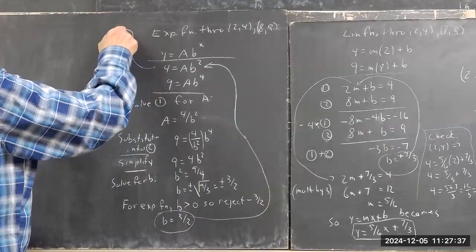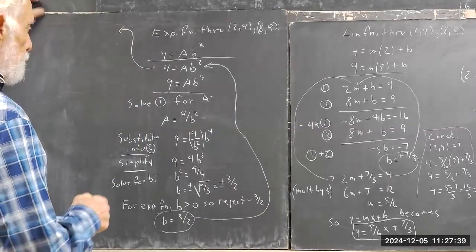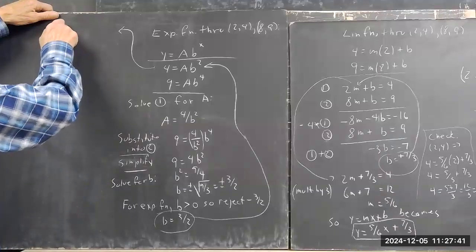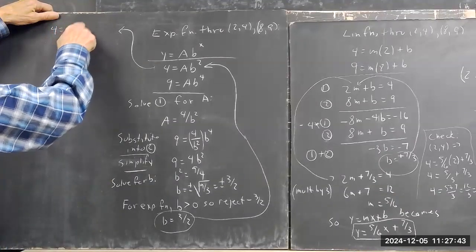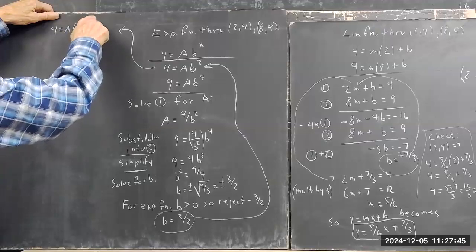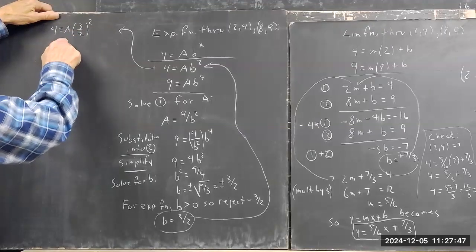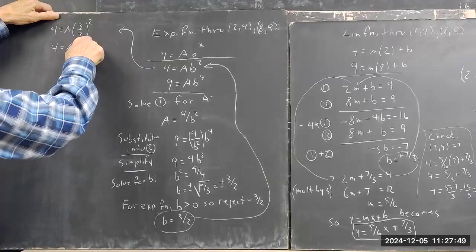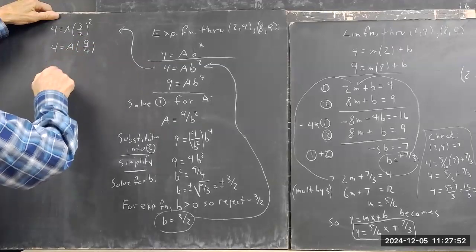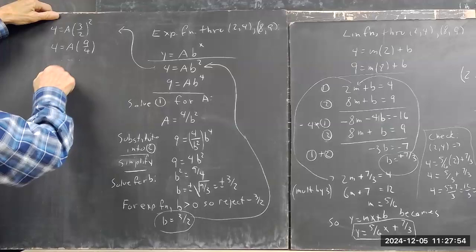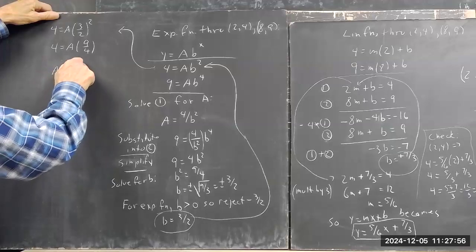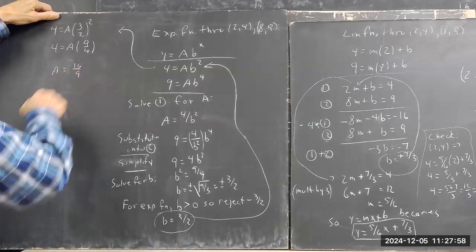And what do we get? We get 4 equals A times 3/2 squared, which is 4 equals A times 9/4. And we easily solve that for A. We get A equals 16 over 9.